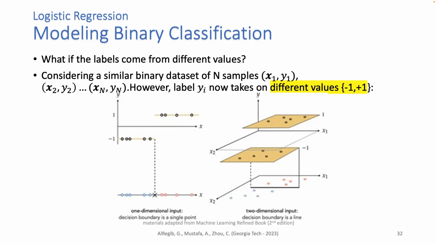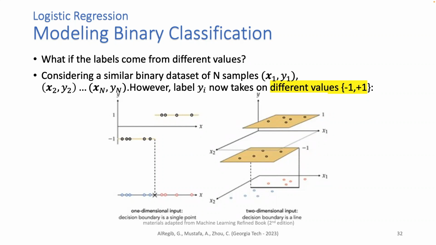Or if I have two dimensions, basically I have a line separating them, right? On this side of the line, I have the value y equal to 1. On the other side of the line, the value of the output will be negative 1, right? So now I need an equation that gives me not only 1 and 0, I need something that gives me 1 and negative 1, right?